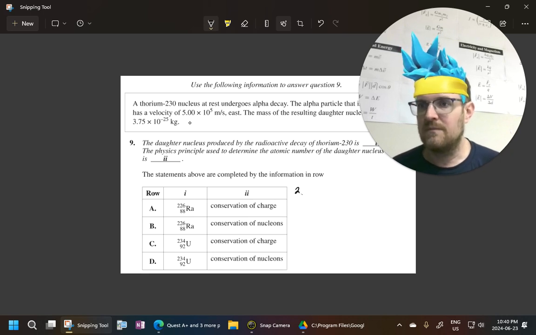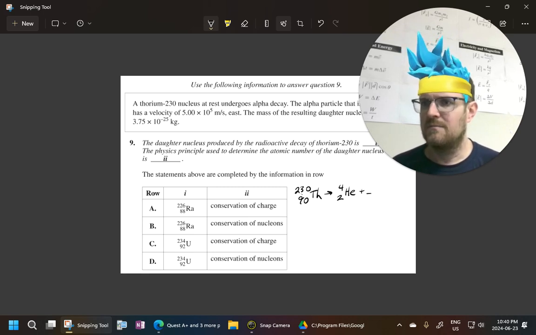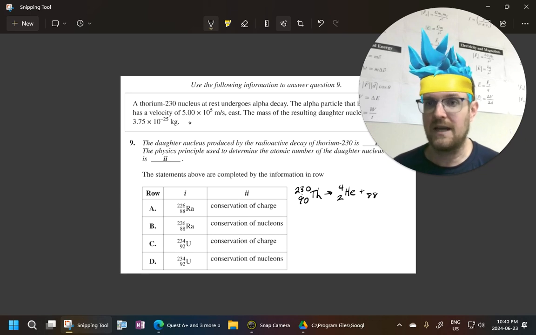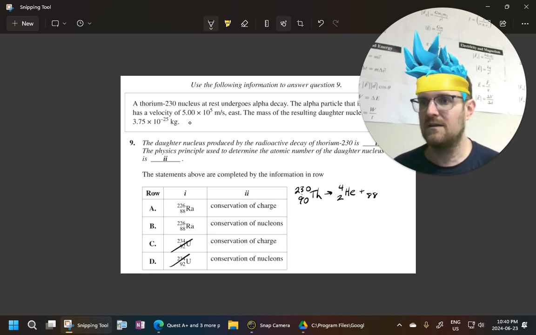So thorium 230. This is thorium right here. It's going to undergo alpha decay. And remember, alpha decay is kind of a helium nucleus, right? Not too concerned about the charge here. But the bottom numbers are going to add up, so I've got to have 88. So it's got to be Ra here. So I cross off that one. The top numbers had to add up as well, so this is going to be 226, right?